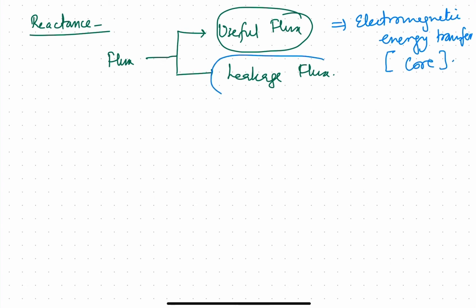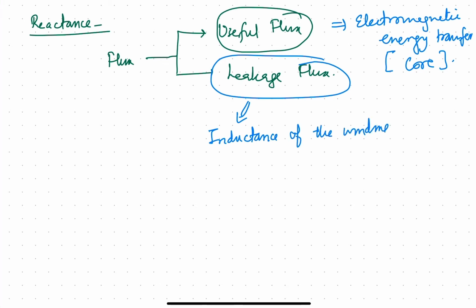The leakage flux, on the other hand, is responsible for imparting inductance to the windings. Because it is not part of the main flux, it is the part of the flux that is outside the core. So this is not part of the main core.